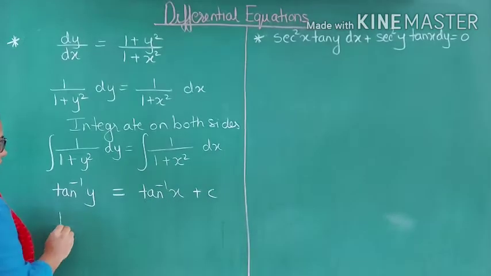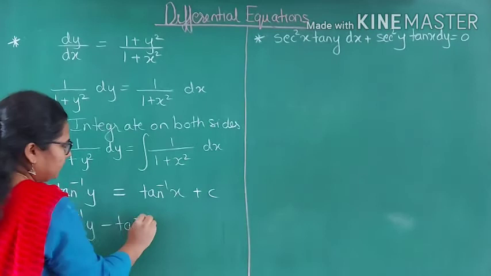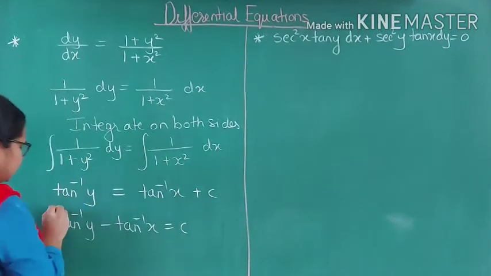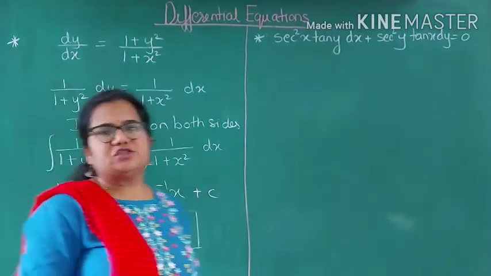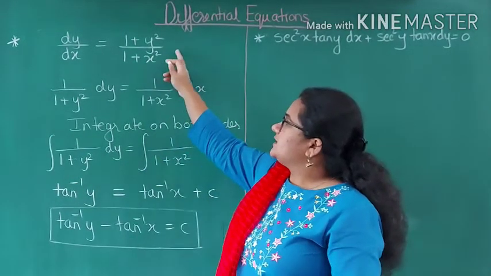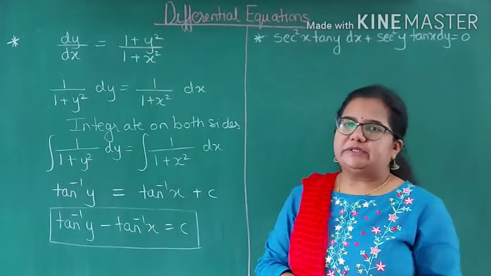So only if you want, you can write it as tan inverse y minus tan inverse x is equal to c. So this becomes your general solution of the given differential equation. So this is the differential equation and this is the general solution of this differential equation.